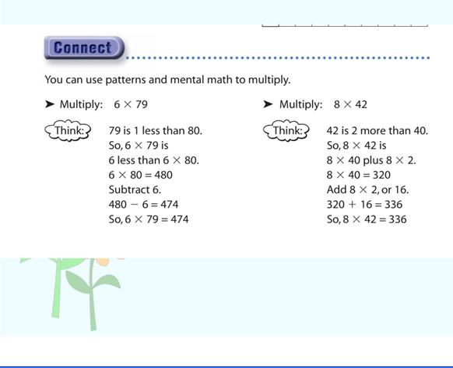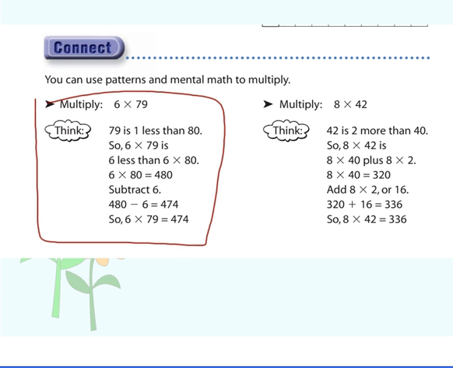So in the Connect, which is in your textbook on page 293, it says you can use patterns and mental math to multiply. So if you're doing this example first, 6 times 79, 79 is 1 less than 80, so 6 times 79 is 6 less than 6 times 80. 6 times 80 is 480, and then you subtract 6.